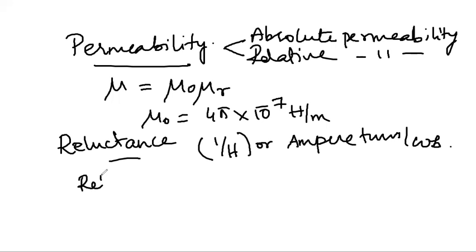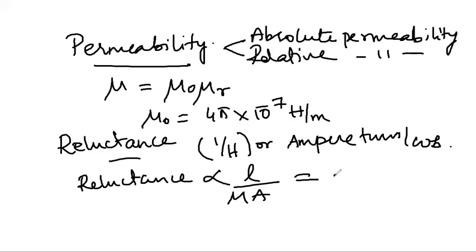Also, reluctance depends on the length of the material considered divided by mu into A. So A is the area of the material you have considered and mu is the permeability of the material.